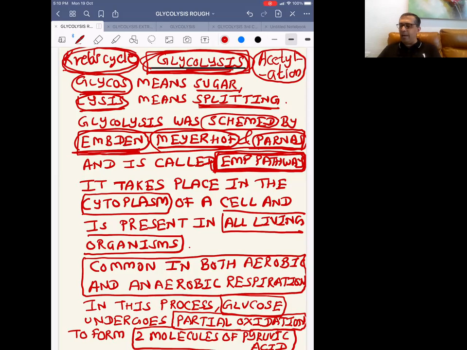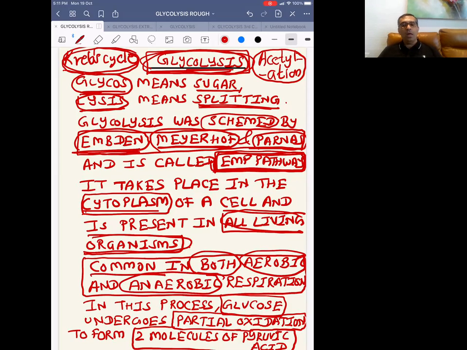Where does glycolysis take place? It takes place in the cytoplasm of a cell and is found in all living organisms. So all living organisms, prokaryotes like bacteria and eukaryotes, humans, plants, animals, सब के अंदर होता है glycolysis, which means it is common in both aerobic as well as anaerobic respiration.